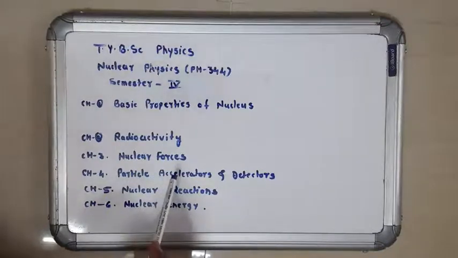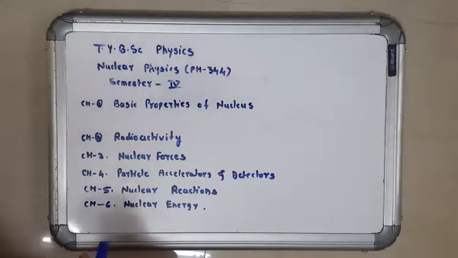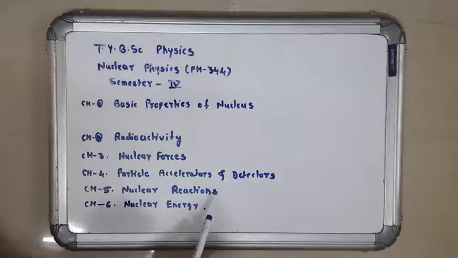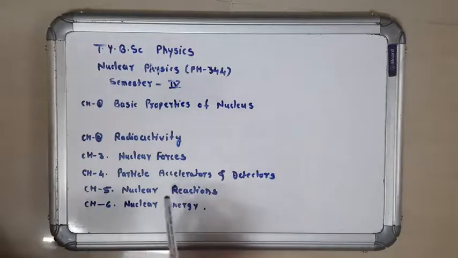There are several types of detectors available in the world, and we also classify those nuclear detectors. Gas filled detectors we discuss briefly, and solid state detectors and scintillation counter also we will discuss briefly, and we will solve different problems on the basis of that.